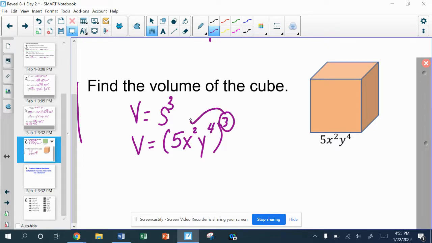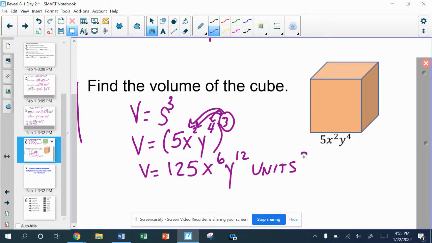So 5 to the 3rd power. 5 times 5 is 25, times 5 is 125. X to the, multiplying that, we'll get x to the 6th, and y to the 12th. Again, because it's volume, the units that we get here are going to be cubic.